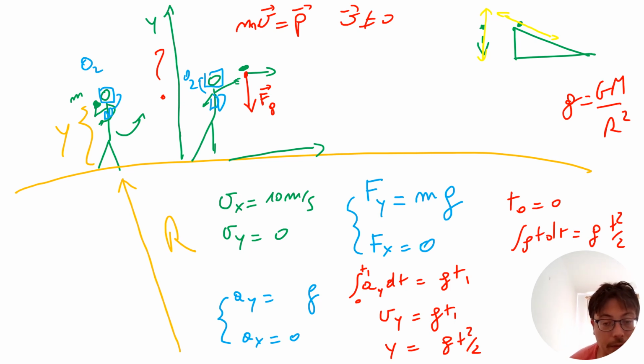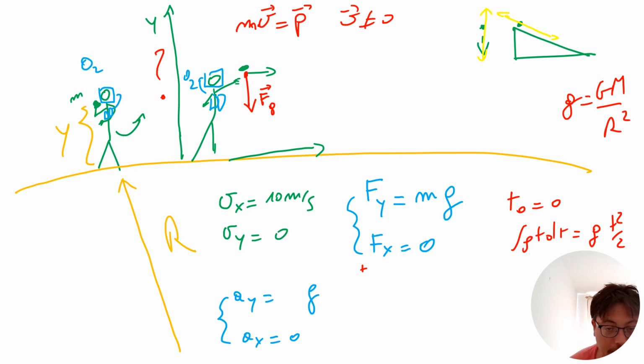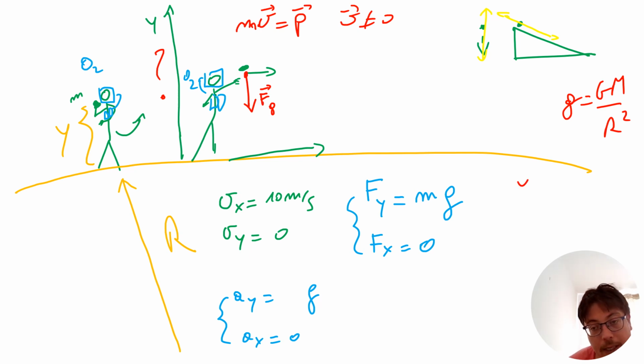So let's write y somewhere, because I want to show you what happens mathematically and also in real life, even though we are not considering spins, rotations, frictions, and things like that. So y is g t squared over 2.